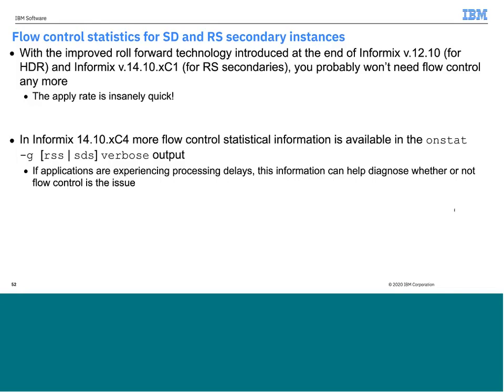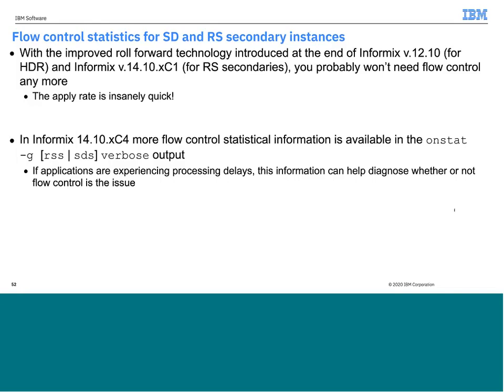So we don't really anticipate having flow control problems anymore unless, of course, you're using the carrier pigeon and it takes 4 months, 3 weeks, and 12 hours for your transaction to get from A to B. Regardless, we are giving you the ability to look at statistics for flow control within the instance.